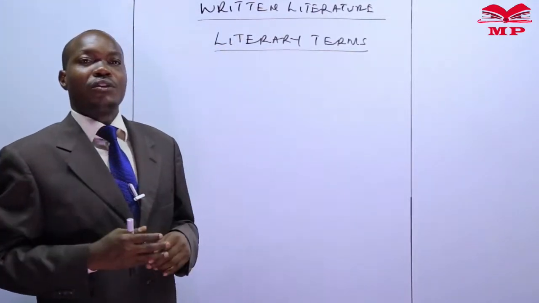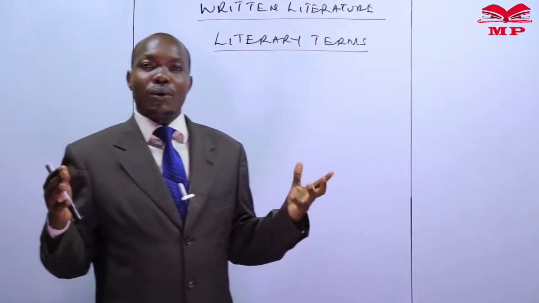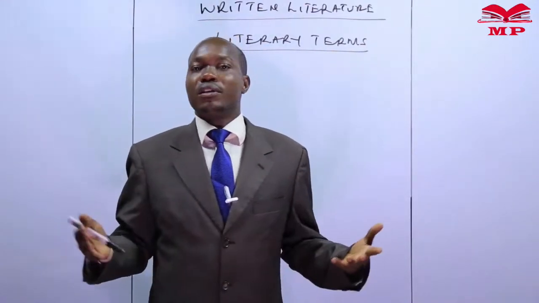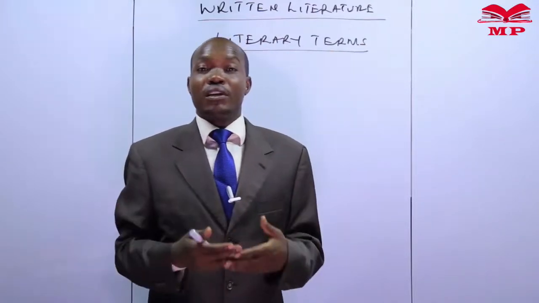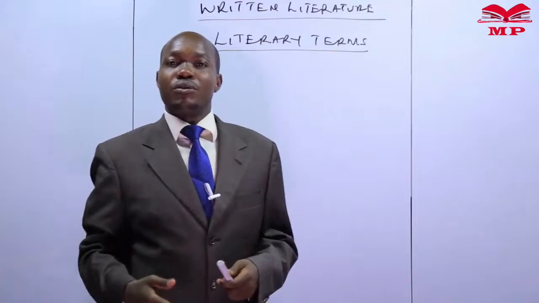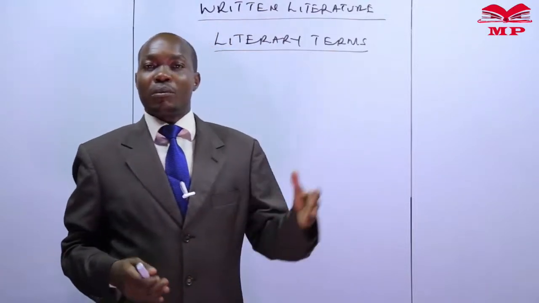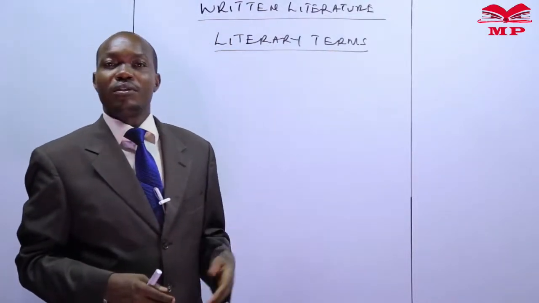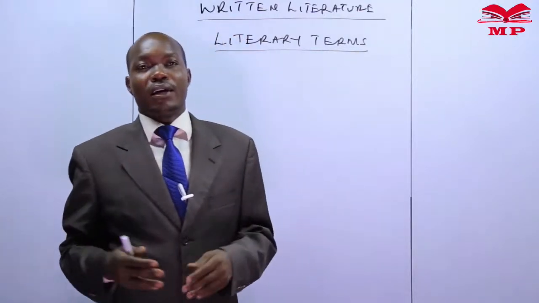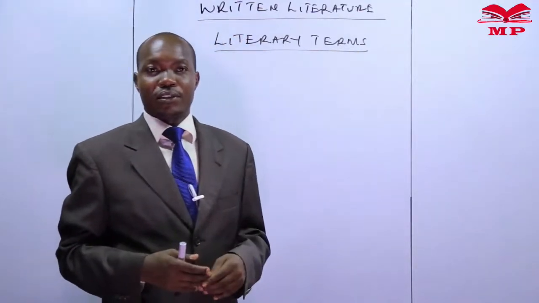Now, in the previous lesson, we discussed an important concept we call characters and characterization. For you, student, you must understand who a character is. And we said a character is anybody, any person, or even an animal that has a role in a piece of literature. We talked about the types of characters like a protagonist, an antagonist, a villain, minor character, and major characters.